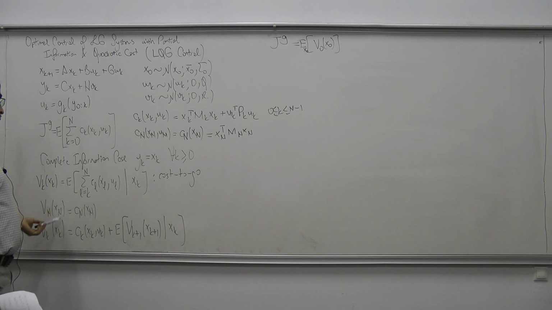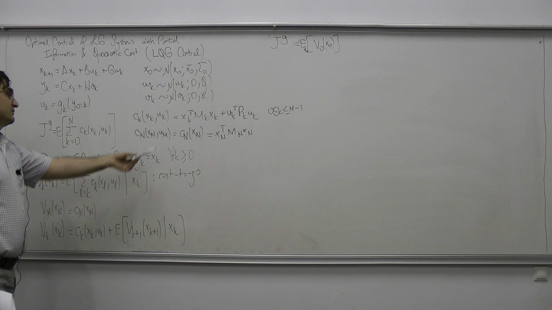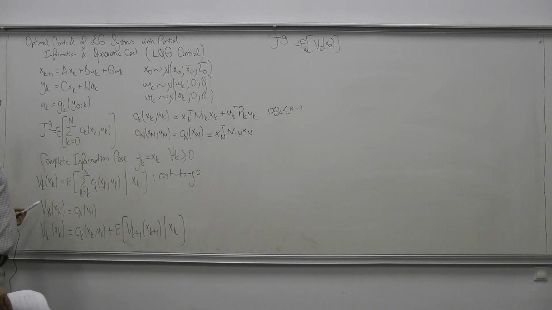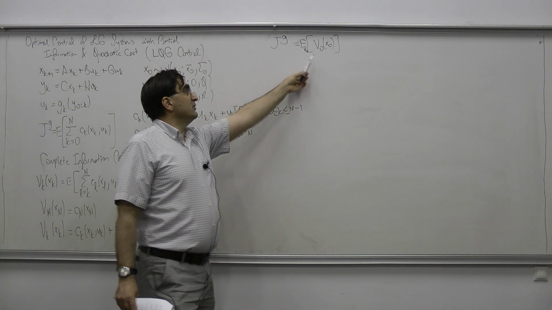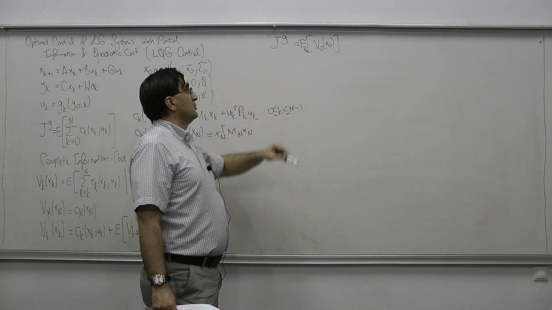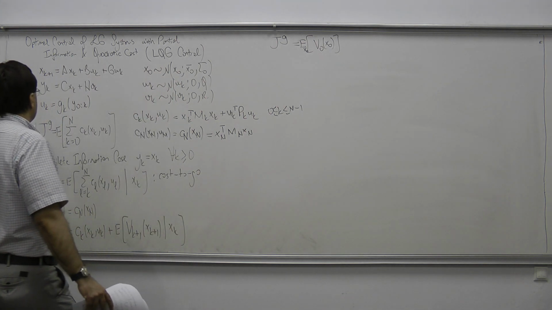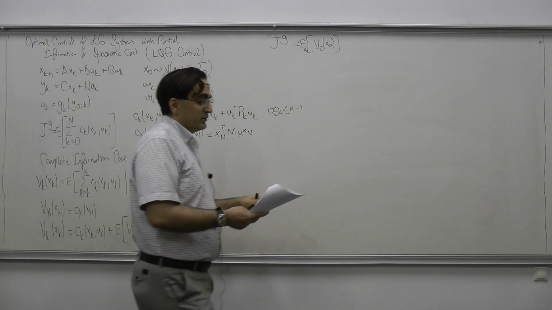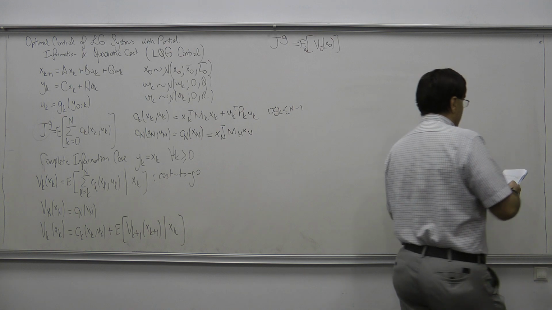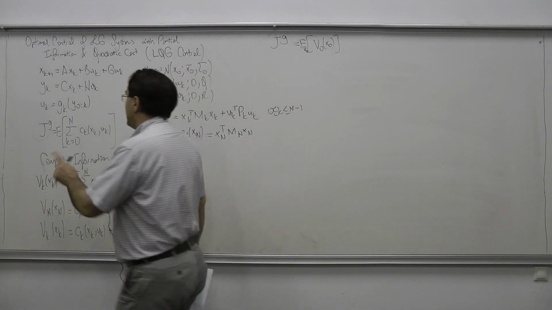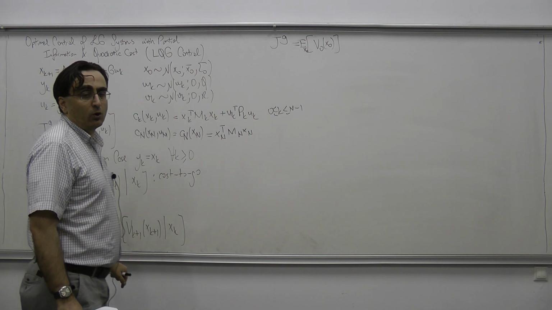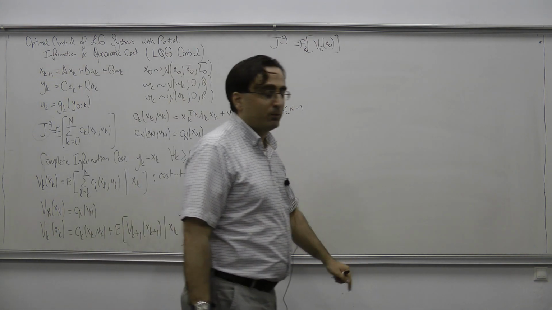There is no calculation here. We just equate it to the last incremental cost. And then we go backwards: Vn minus 1, Vn minus 2. We continue this recursion until V0. And then we take the expected value of V0 to obtain the cost that would correspond to the feedback policy G here. Okay?